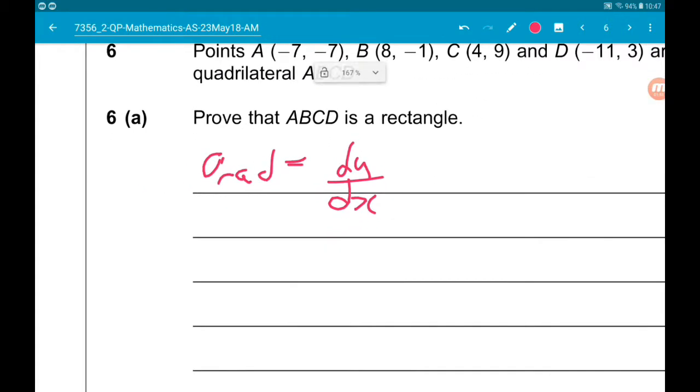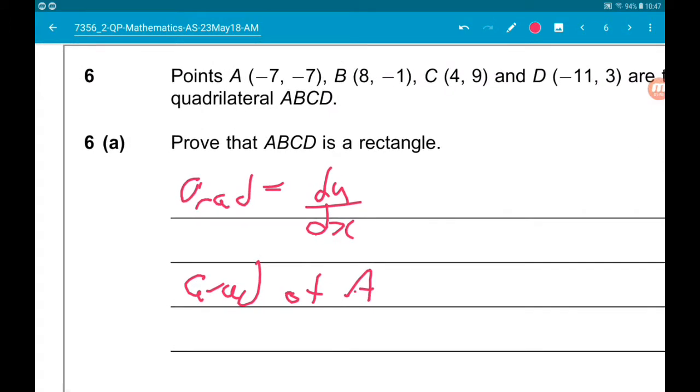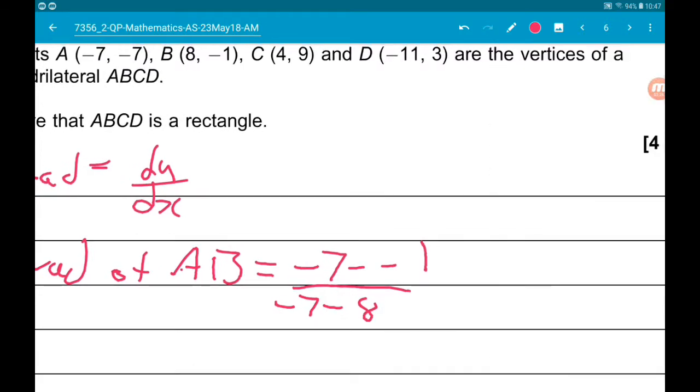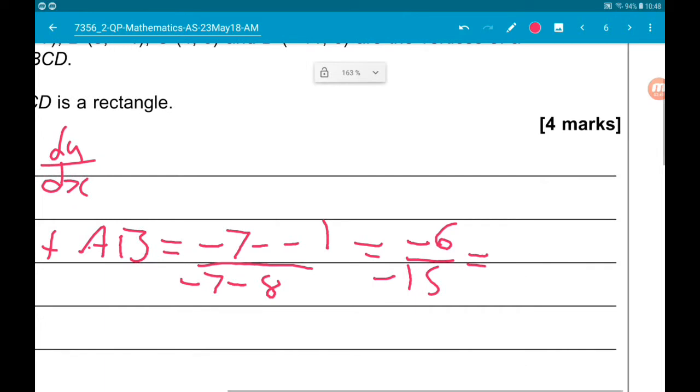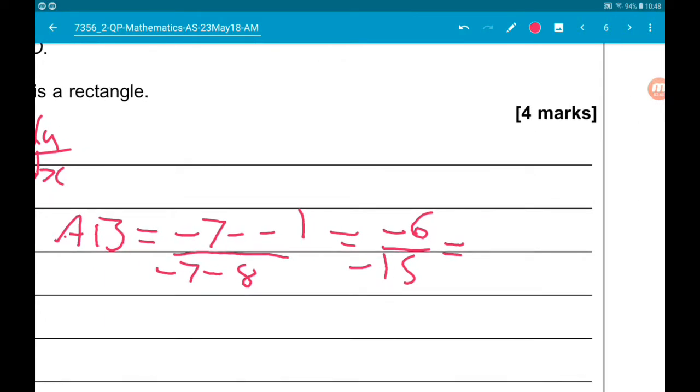So the gradient of AB, well, that's going to equal, if we do -7 - -1 over -7 - 8, then we get -6 over -15, which simplifies to positive 2/5.